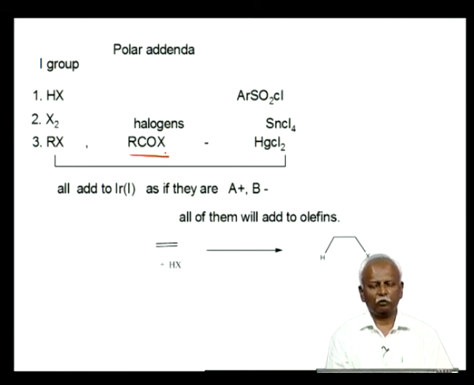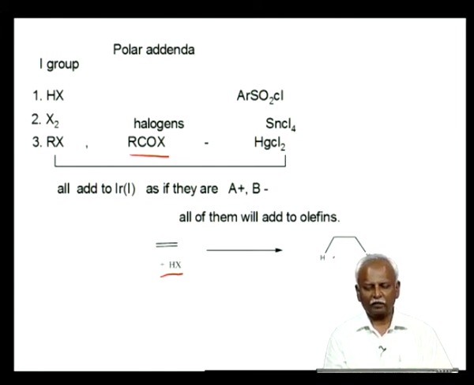Now, if you take all these molecules, although they look very dissimilar, they have one thing in common, and that is the fact that if you take an ordinary organic molecule, an olefin, and add any one of these molecules which we have listed above, all of them will add in this particular fashion.